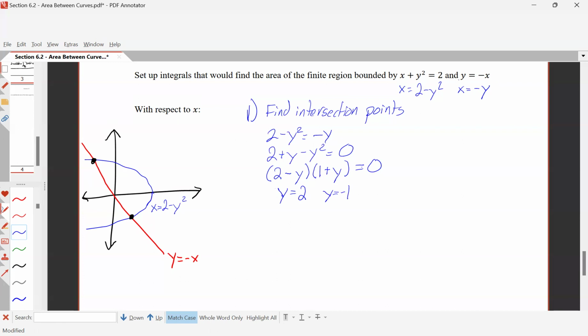Using the equation x equals negative y, that gives us the x coordinates of x equals -2 and x equals 1. So these points are -2, 2, and 1, -1. So here is 1, -1. Here is -2, 2.